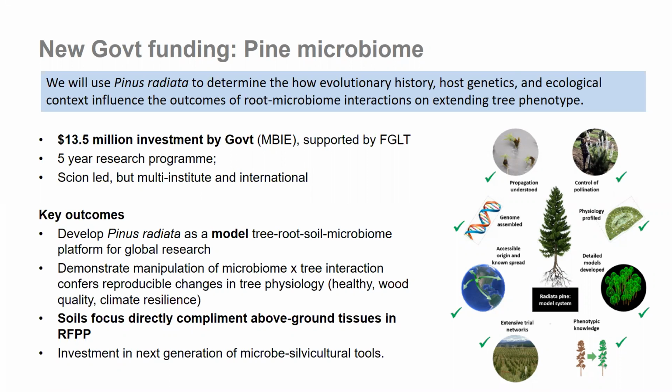So if we establish pine as the model, like a crop species that other research labs take up all around the world and publish on, well, they're essentially doing a lot of the work and investment for us, and those benefits, those science outcomes and how we interpret them for New Zealand forestry will flow through. It's a case of working smarter, not working harder.